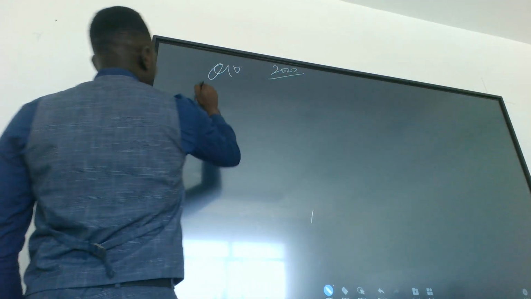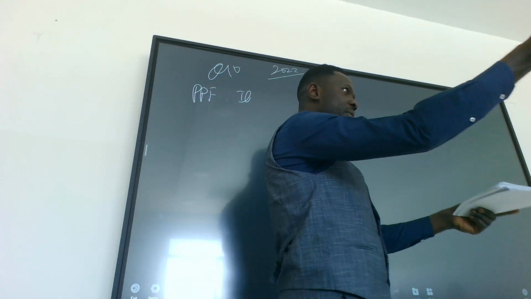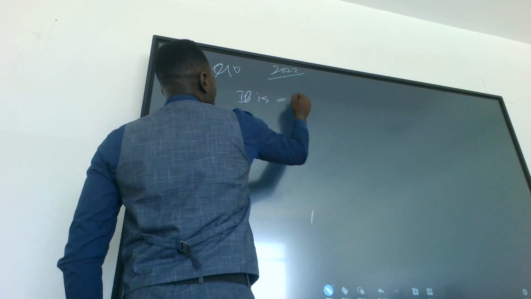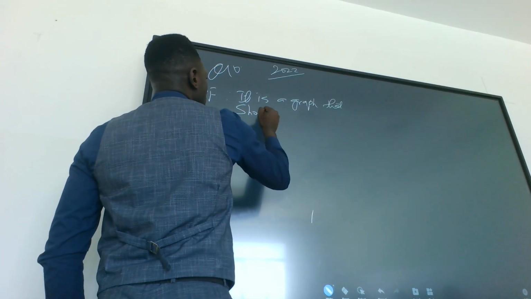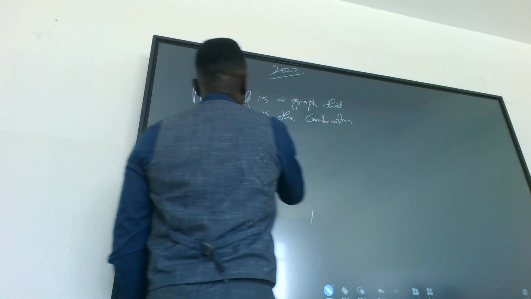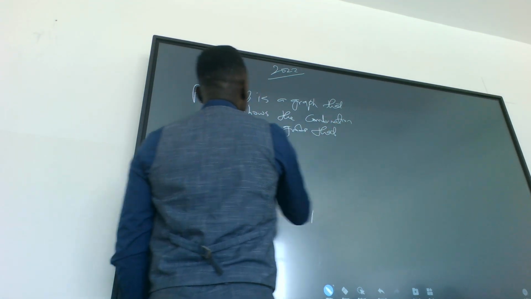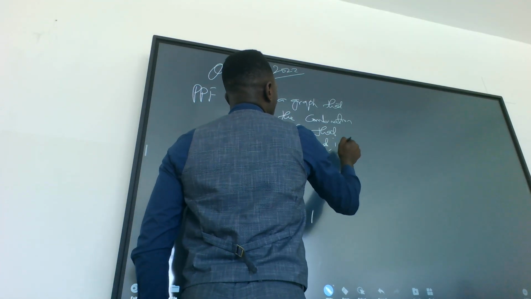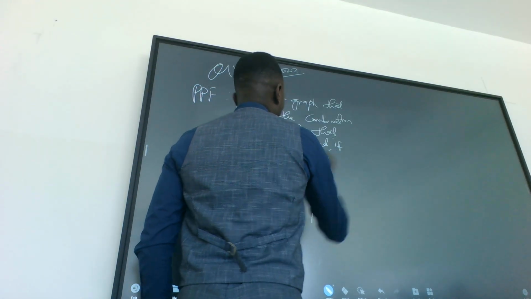First, what is the PPF? It is a graph. Maybe the past paper that you're going to have in the exams, we might not see it now, probably it's going to be part of the exams. So PPF, it is a graph that shows the combination of two goods that can be produced if all resources are fully employed.